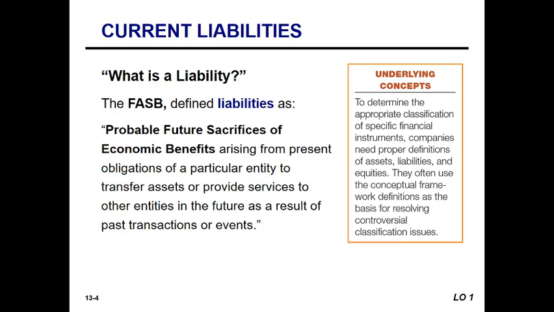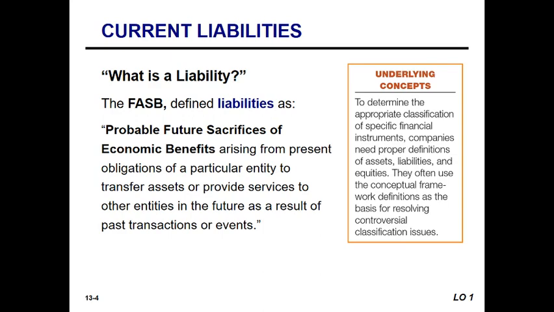That is a big mouthful of information to basically say that at some point in time, not today, this particular company or entity will have to provide either cash or services to another because of something that has already happened.